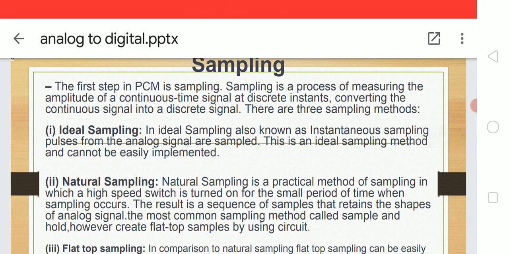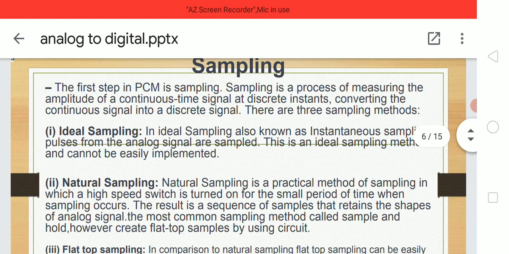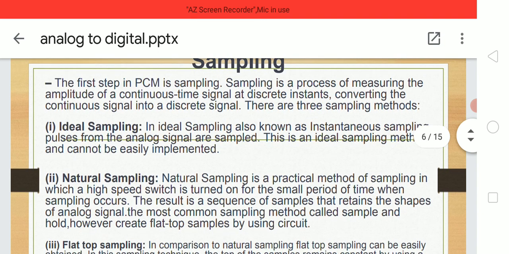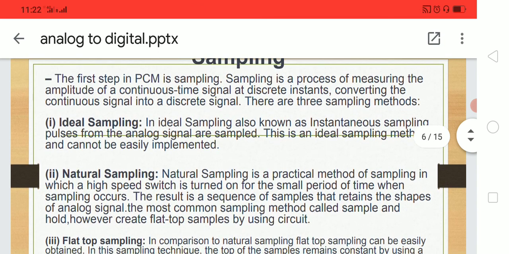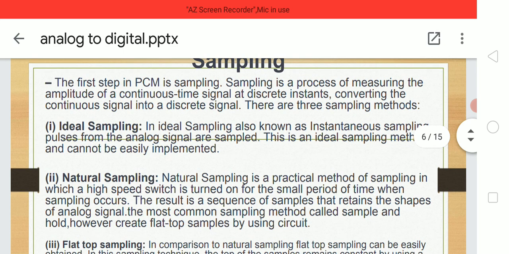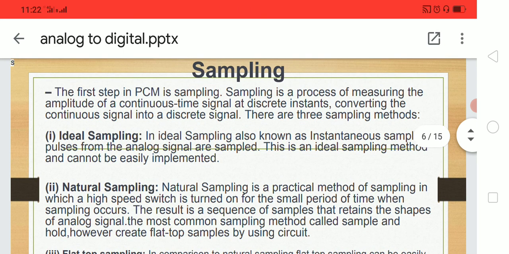Sampling is the process of finding a sufficient number of samples so that the original signal can be represented by those samples completely, and it should be possible to reconstruct the original signal.